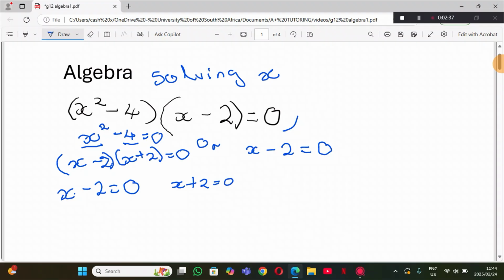Now what I do at this step is transpose this to the other side. I'll take the equal sign as a border. When this person jumps the border to the other country, she has to change. She was negative on this side, but now they stamp her passport and she becomes positive.